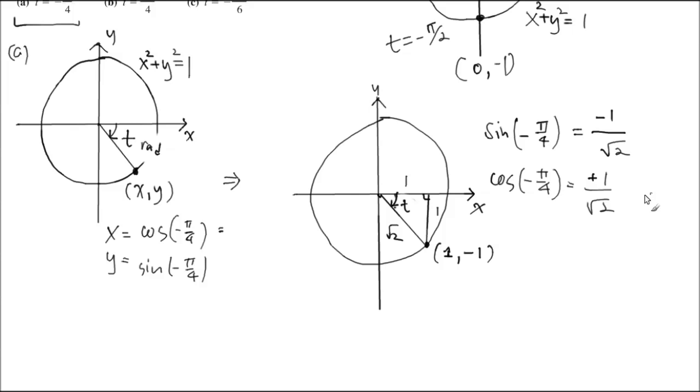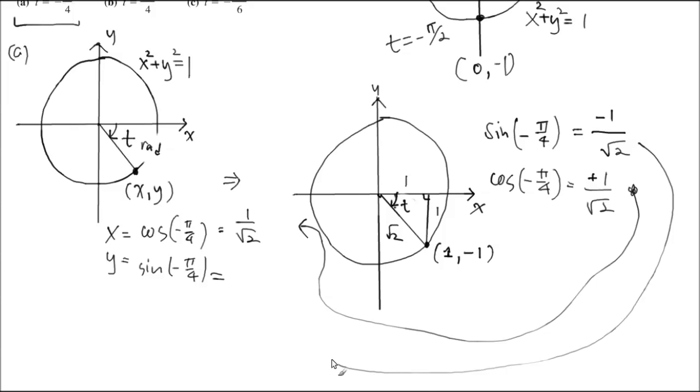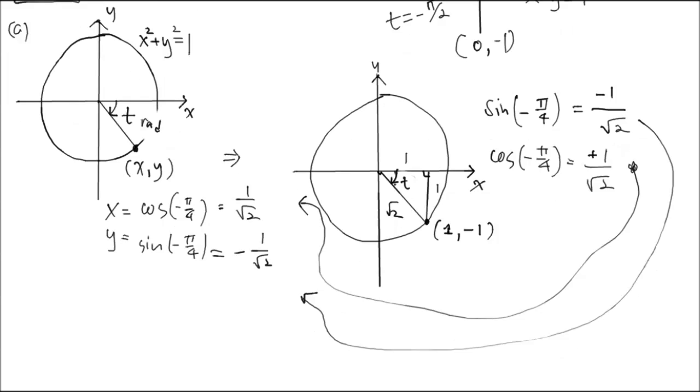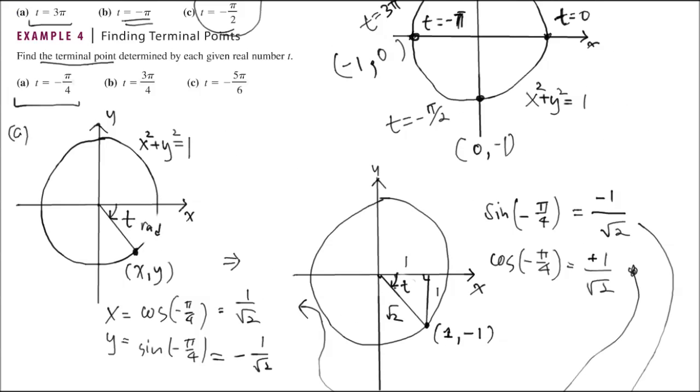I used a different circle to calculate this, and the value is 1 over root 2. We looked at different sides of the circle and figured out what these values are, and those values actually become the x and y coordinates on the unit circle with the same angle. Does that make sense?